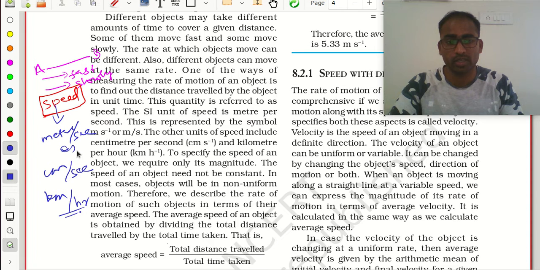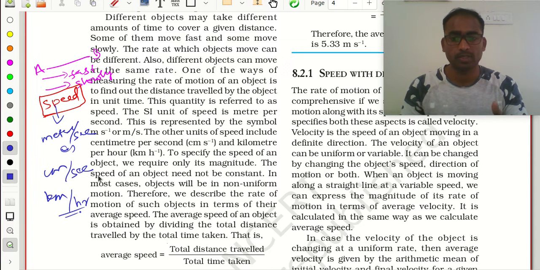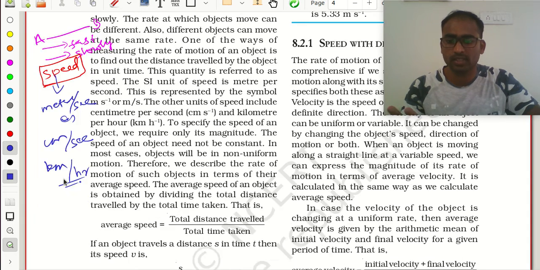Whether it is going east or west or north or south, we are not concerned. We are just measuring the magnitude of the speed, meaning how much distance it travels in a particular unit of time. We are not measuring which direction it is going. That is known as speed.